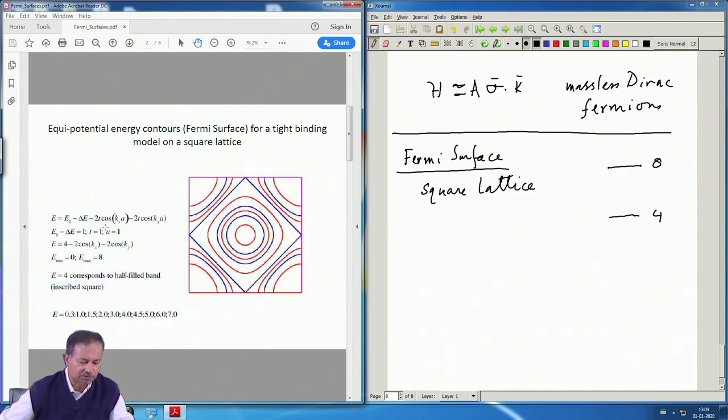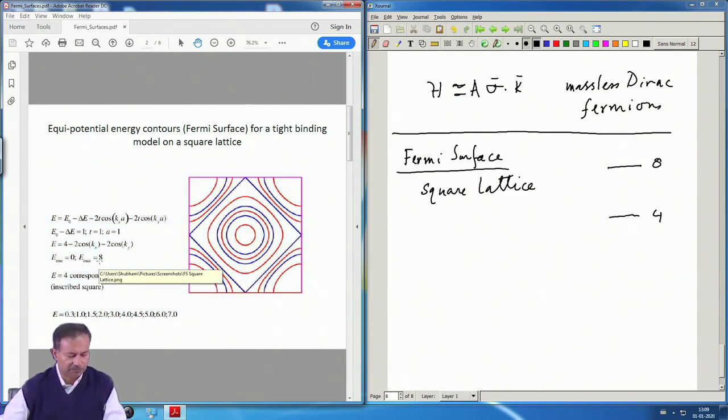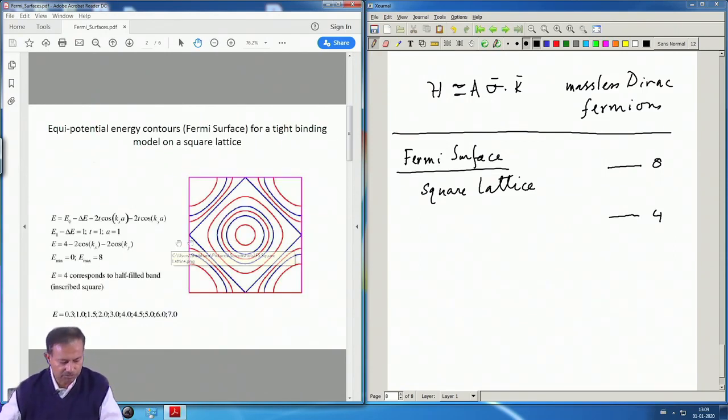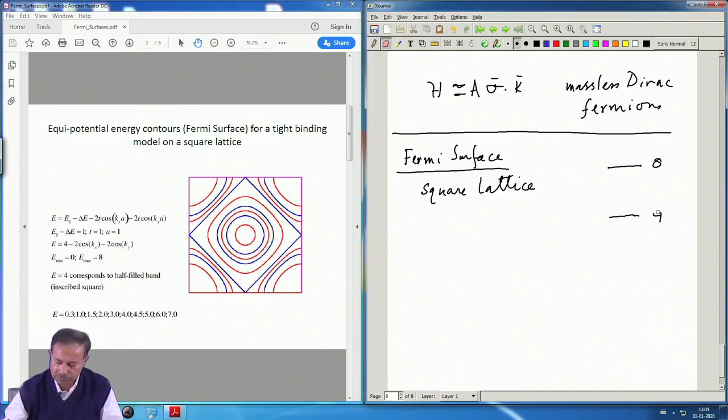All these can be restored to get the real numbers for the proper correct lattice. Okay, so, this band basically goes from 0 to 8. So, 0 is the minimum of this band and it goes all the way up to 8. Okay.